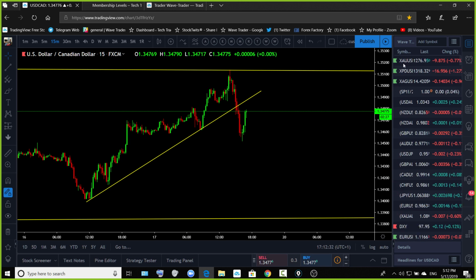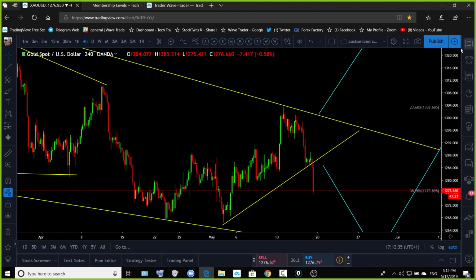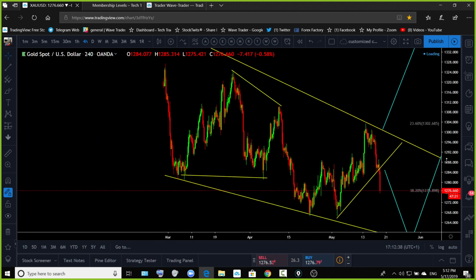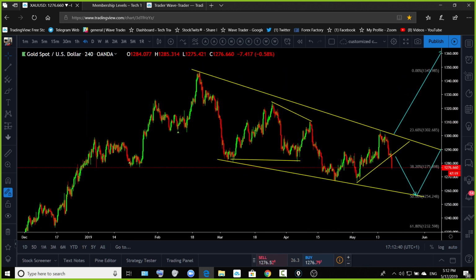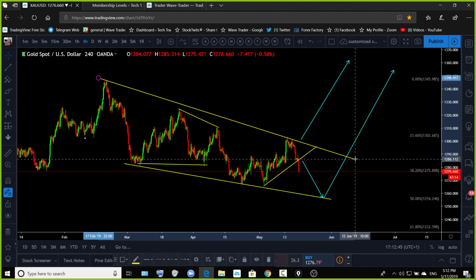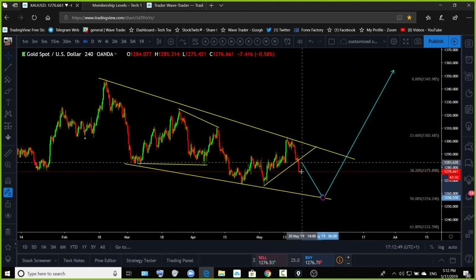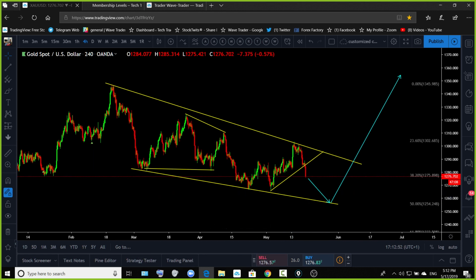And let's go back to the gold. Gold is coming back to the bottom. We are looking for this wedge to break up for one more up move. There was a short-term trade early in the morning when price was correcting.